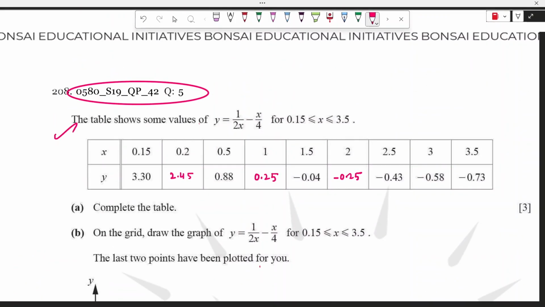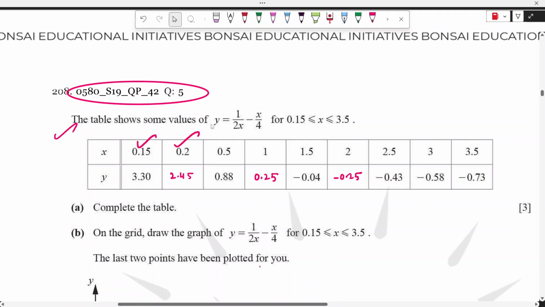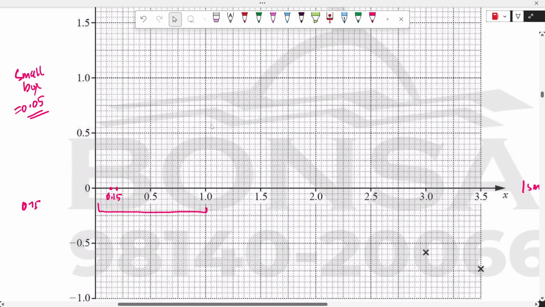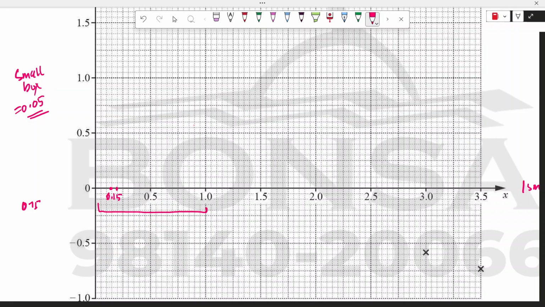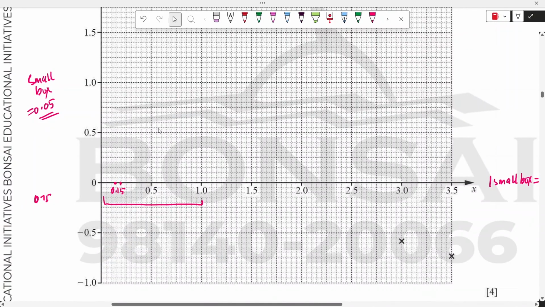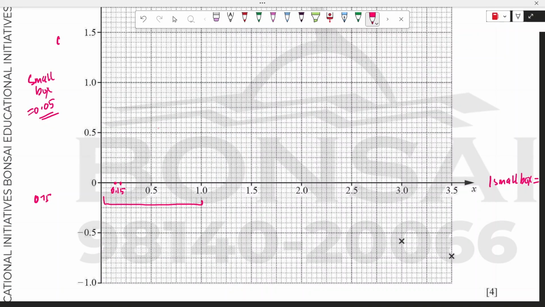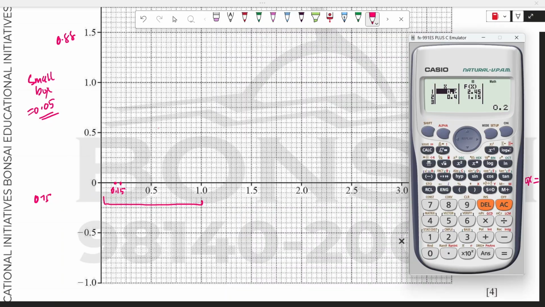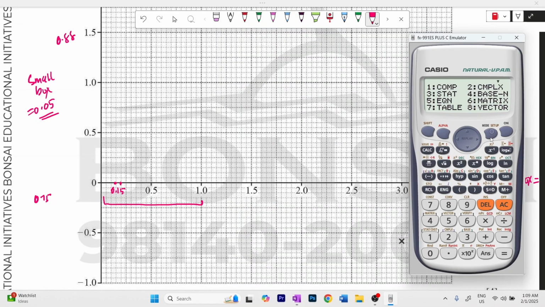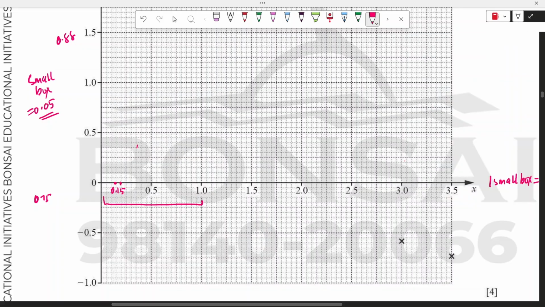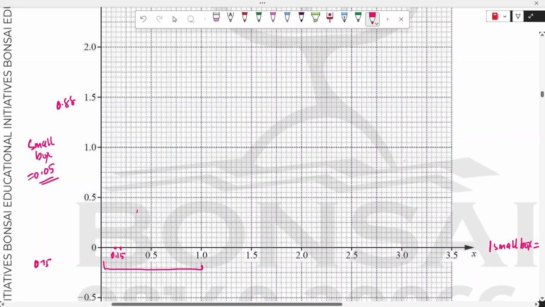Next is, let me mark a tick here, 0.5 and 0.88. X is 0.5, fair enough, this line, and for 0.88 you need to use a calculator. This is very simple if you find the fundamental. You need to point 0.88 and one box is 0.05. If you divide it, you will get the number of boxes 17.6. So this is 10, this is 20, this is 15.